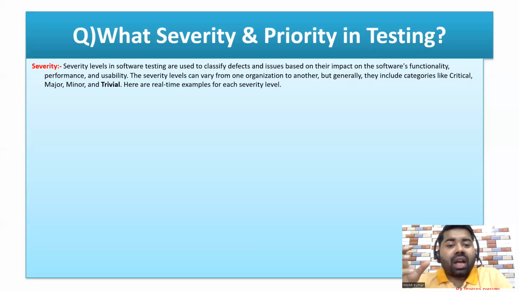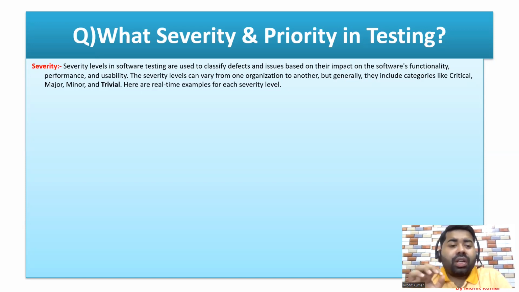Severity levels can vary from one organization to another. Sometimes they might use different names, but the concept is the same, guys. But generally they include categories like critical, major, minor, trivial.